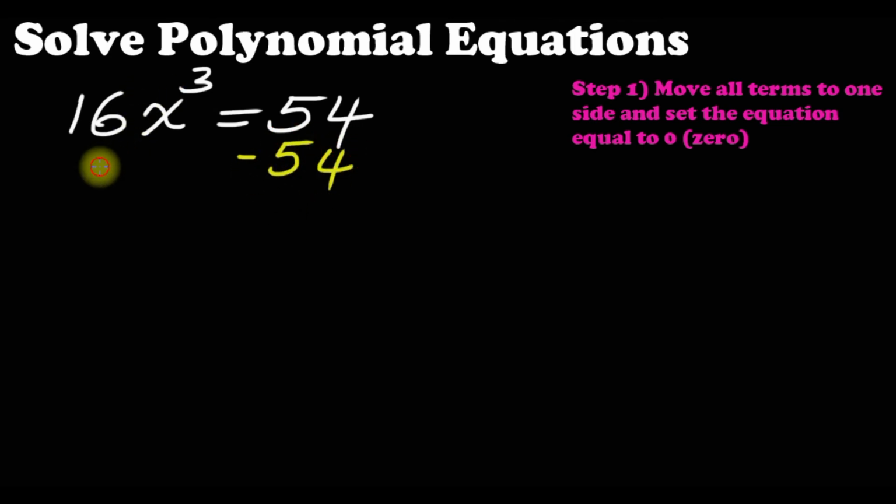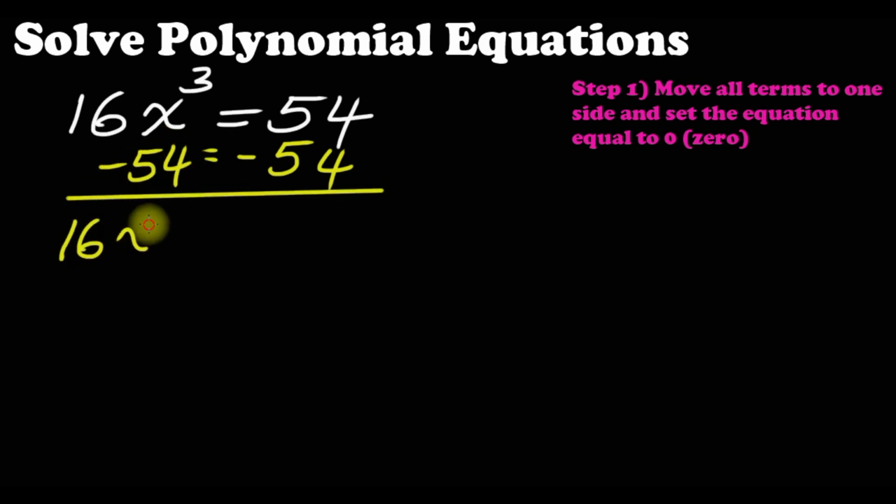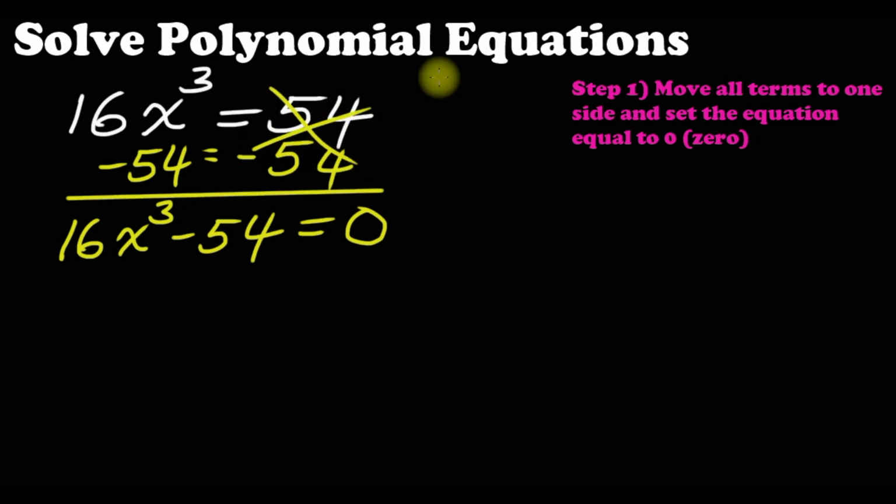And then I would minus 54 to this side. So here I have 16x cubed, take away 54 equals 0. So that's the first thing you have to do. Get everything on one side and then have the other side equal to 0.